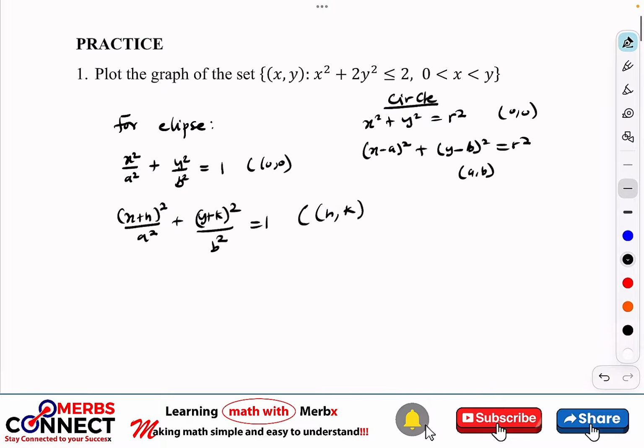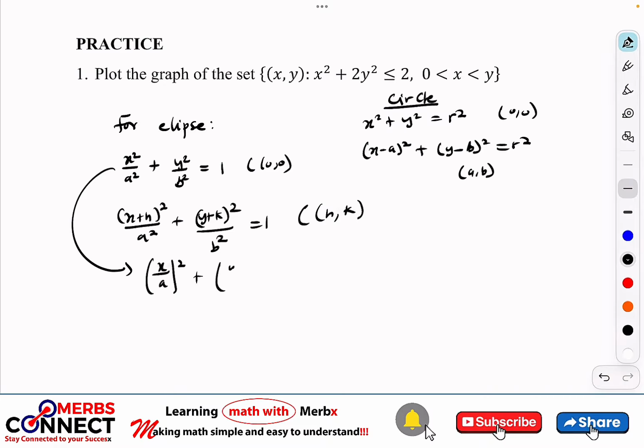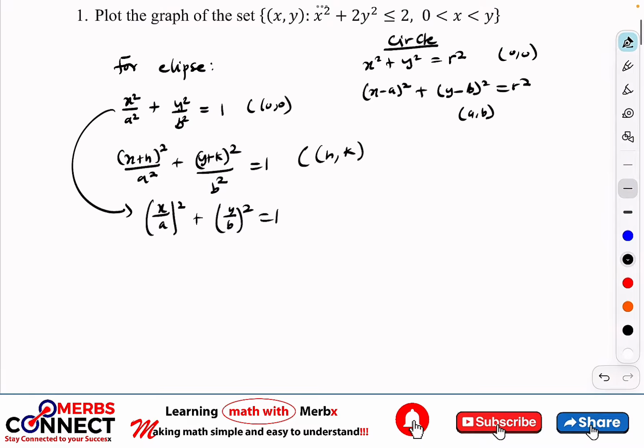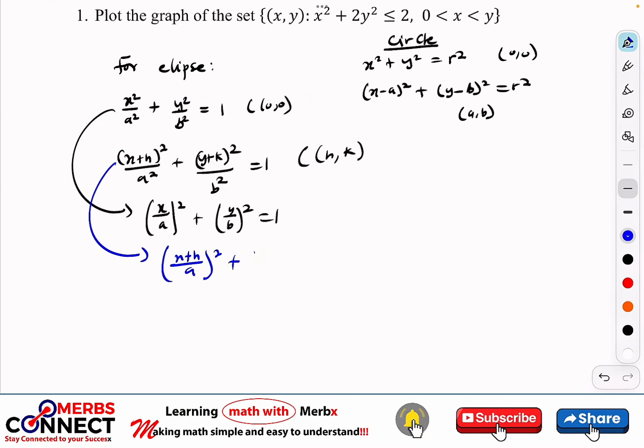So what is going to happen here is, now I can write the first one as (x over a) squared plus (y over b) squared is equal to 1. And I can write the second one too as ((x plus h) over a) squared plus ((y plus k) over b) squared is equal to 1. So this is an equation for an ellipse.